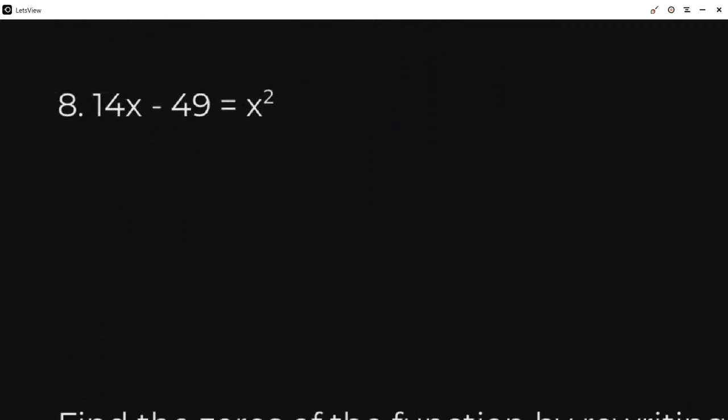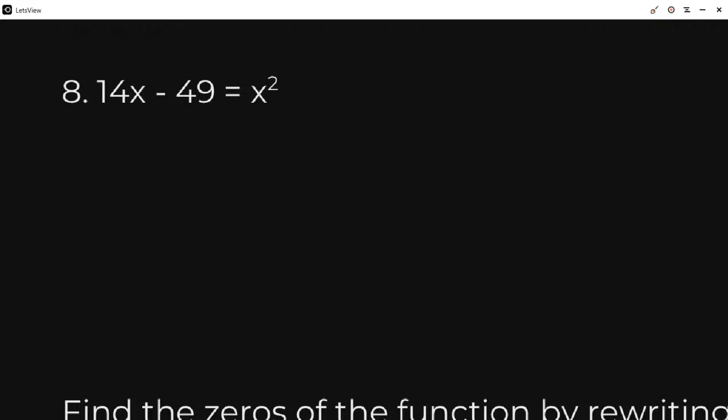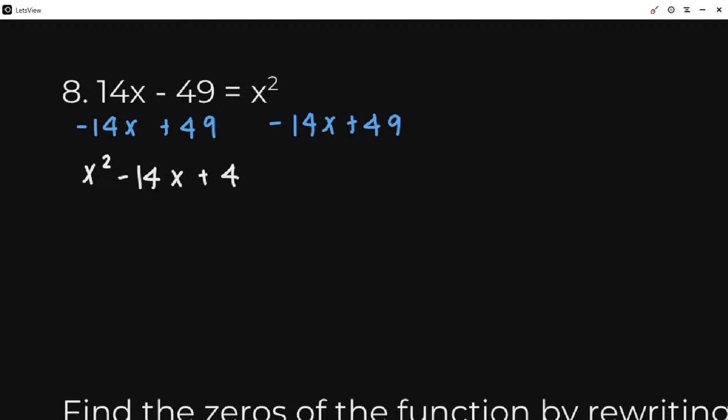Okay, for the next one, I'm going to move everything to the right just because I want to make sure that a is positive. So I'm going to subtract 14x and add 49. So this becomes x squared minus 14x plus 49 equals 0.